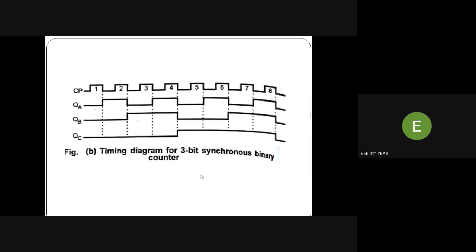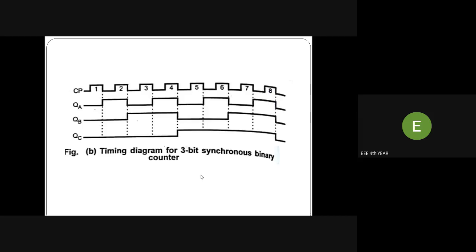This is how the 3-bit counter is used. When clock pulses 1 to 8 are applied, at the first negative edge triggering occurrence, the A flip-flop starts toggling, so QA produces output from 0 to 1.